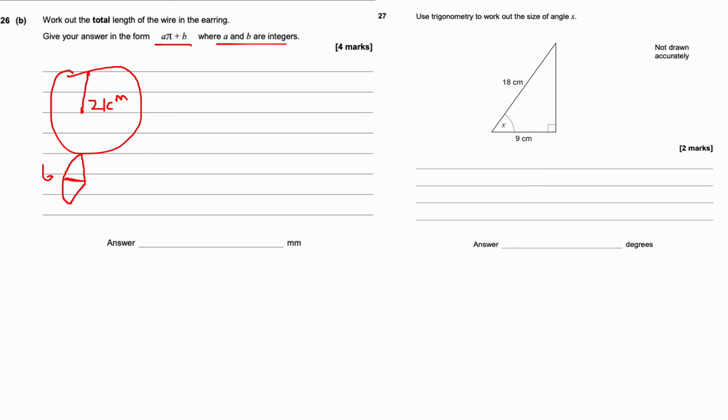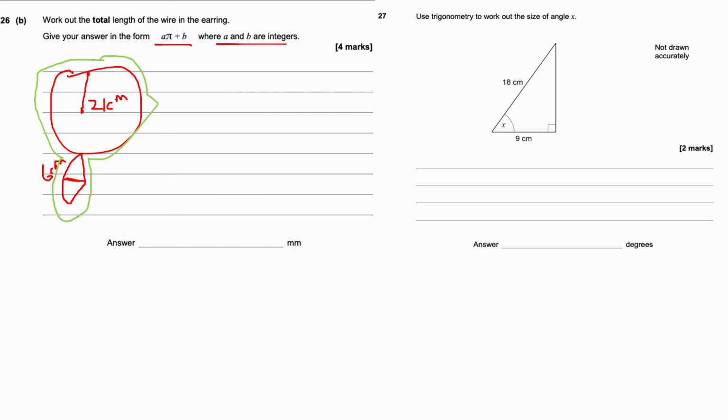We are essentially working out the perimeter, so everything around. If you follow the green line, we're working out the length of everything around that.